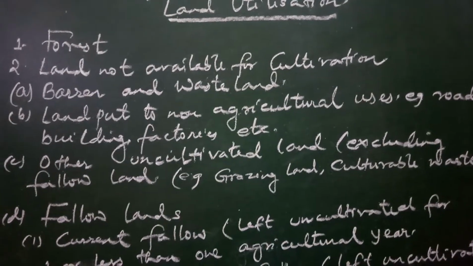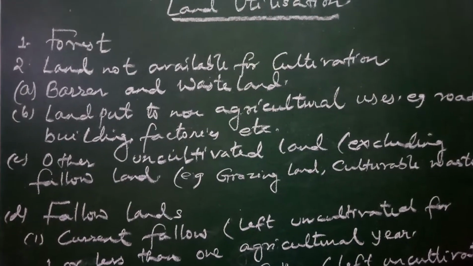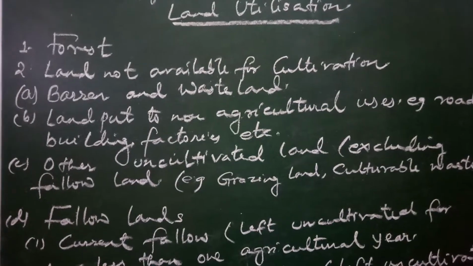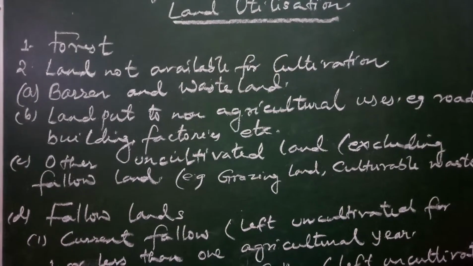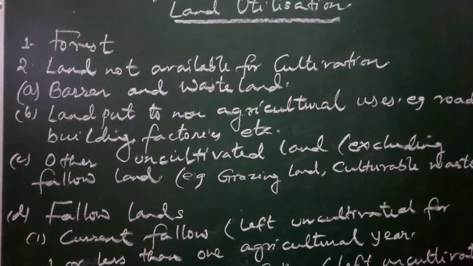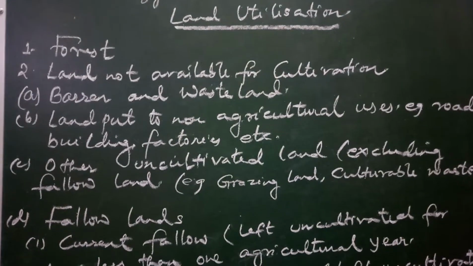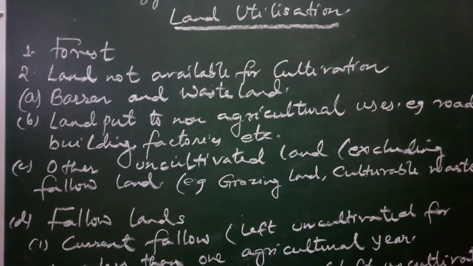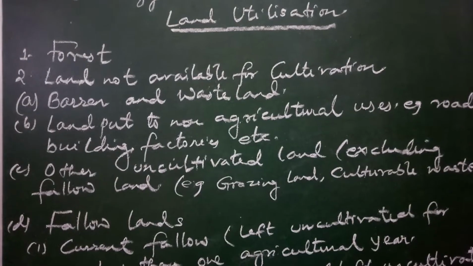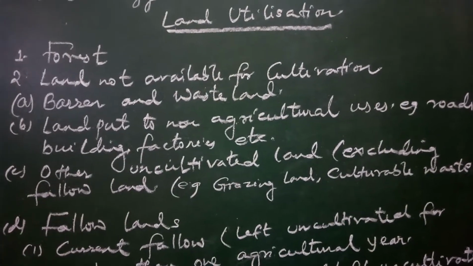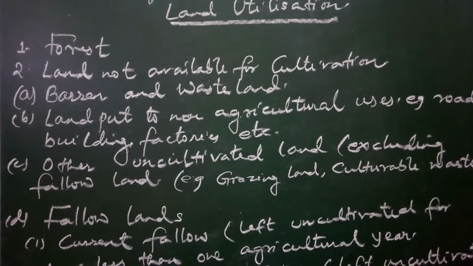It includes two categories. Number one is barren and wasteland. And number two, land put to non-agricultural uses. Example, buildings, roads, factories, etc.